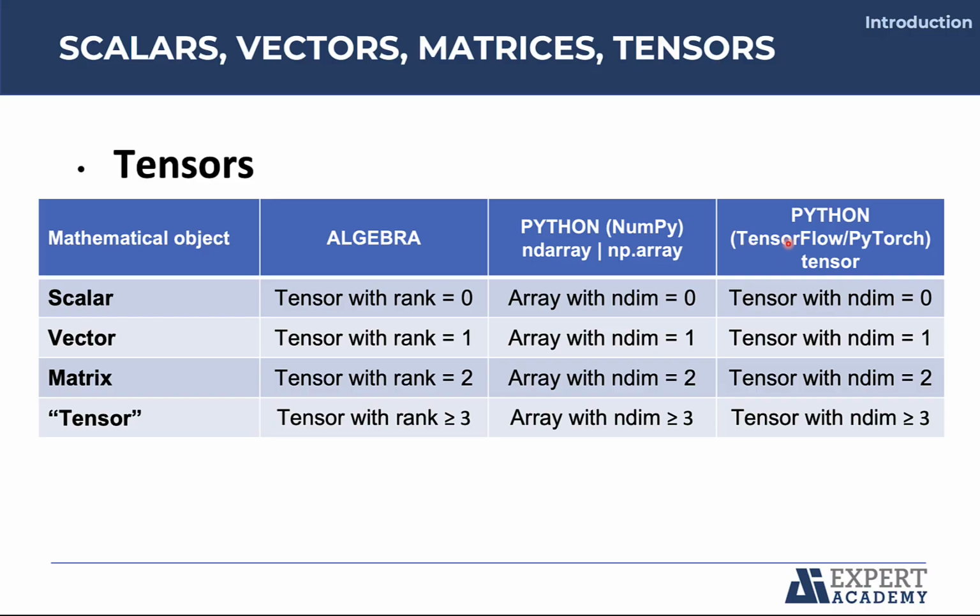The word tensor of TensorFlow library comes from the definition of this special class of arrays called a tensor. In PyTorch, the class is also called tensor. In these cases, the rank or the number of dimensions is not considered. They are all tensors.